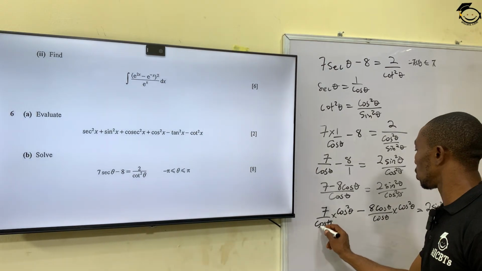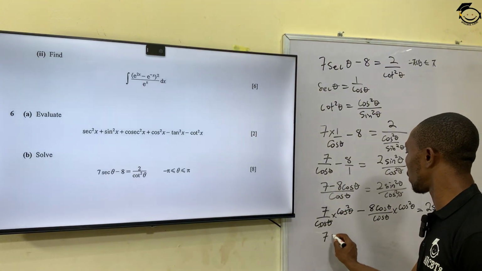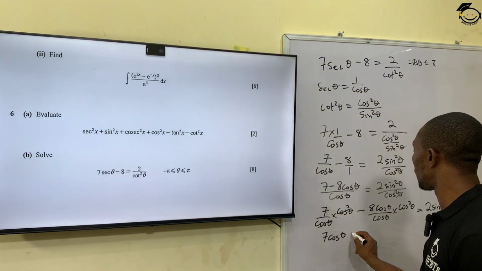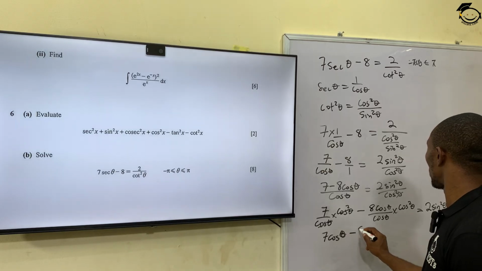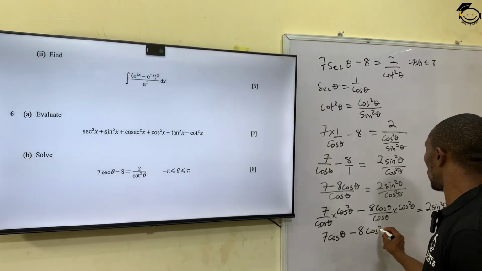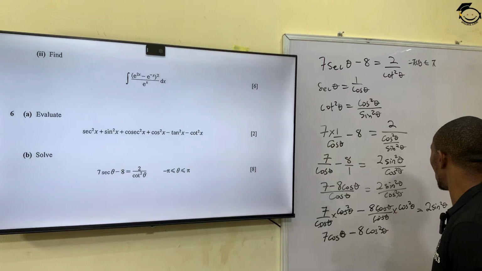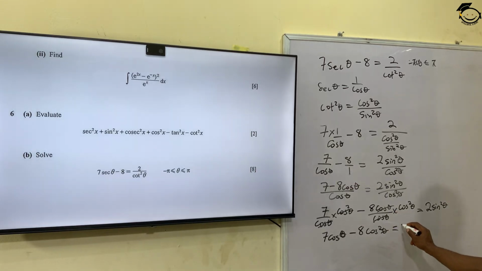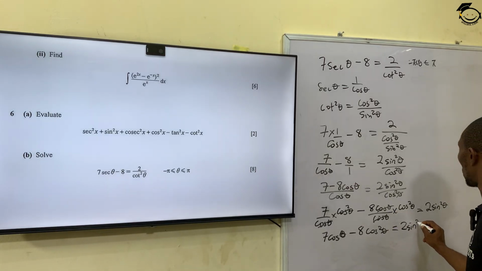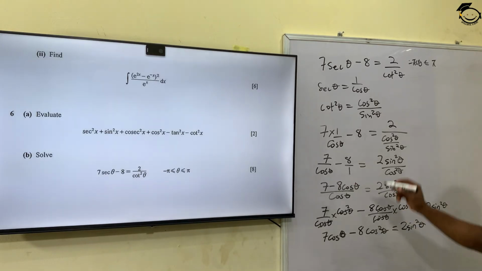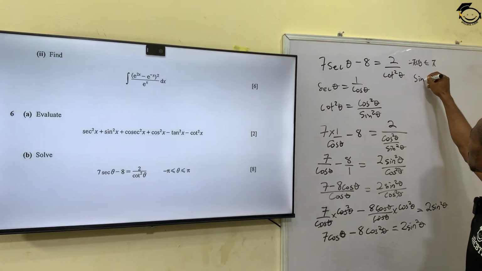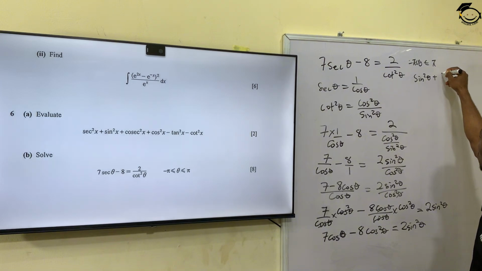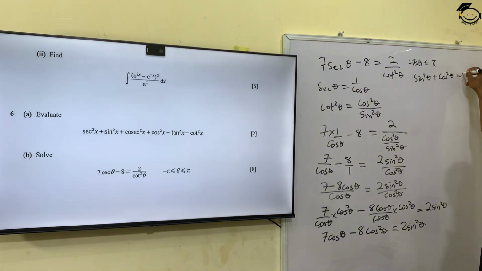Now, this will cancel one of this, leaving us with 7 cos theta minus 8 cos squared theta. This will cancel this, equals 2 sine squared theta. Now, we know that sine squared theta plus cos squared theta equals 1.